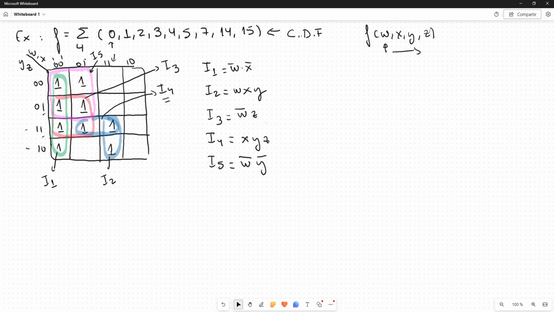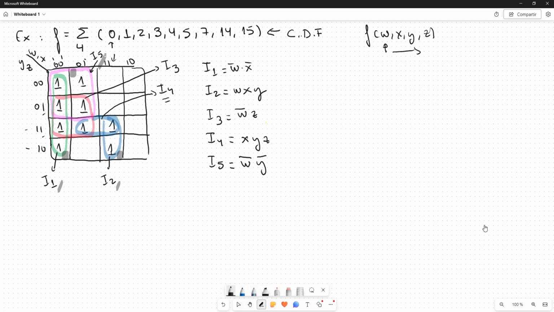This one is only covered by implicant 2. This one here is only covered by implicant 1. We have as well this one that is only covered by implicant 5. The rest of the ones of the function are covered by more than one implicant. Okay? So we have only these 3 distinguished cells.